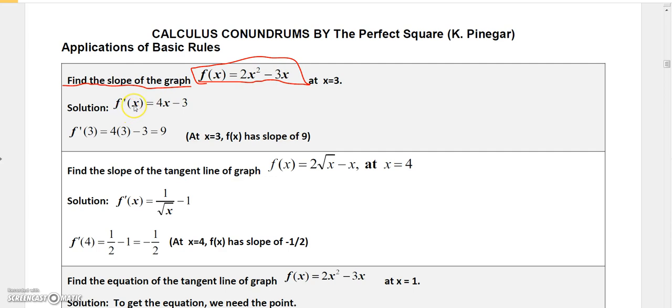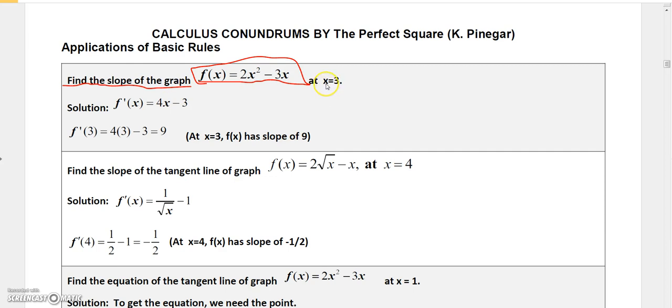Now, the derivative represents the slope of a graph. So the derivative of this function is really just the slope of the graph of this function. So since the derivative is 4x minus 3, that means that the slope of the graph can be determined at any x value by plugging x into this function.